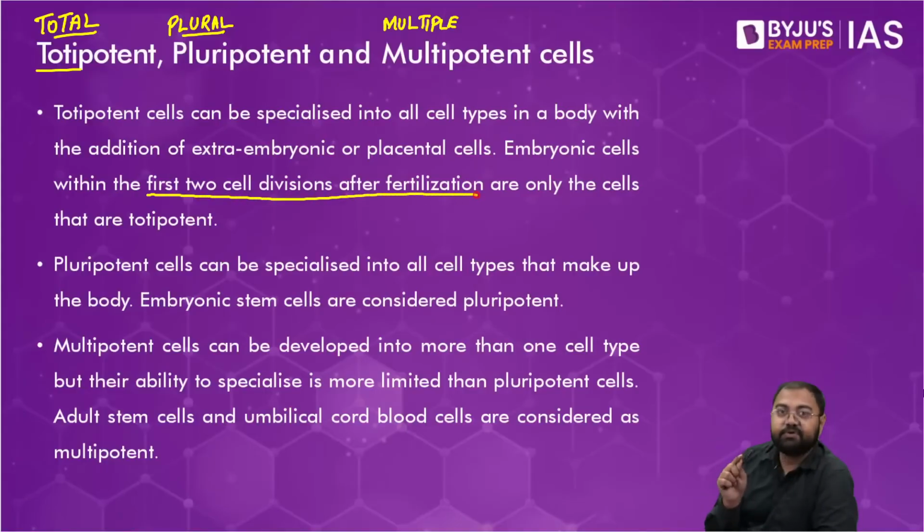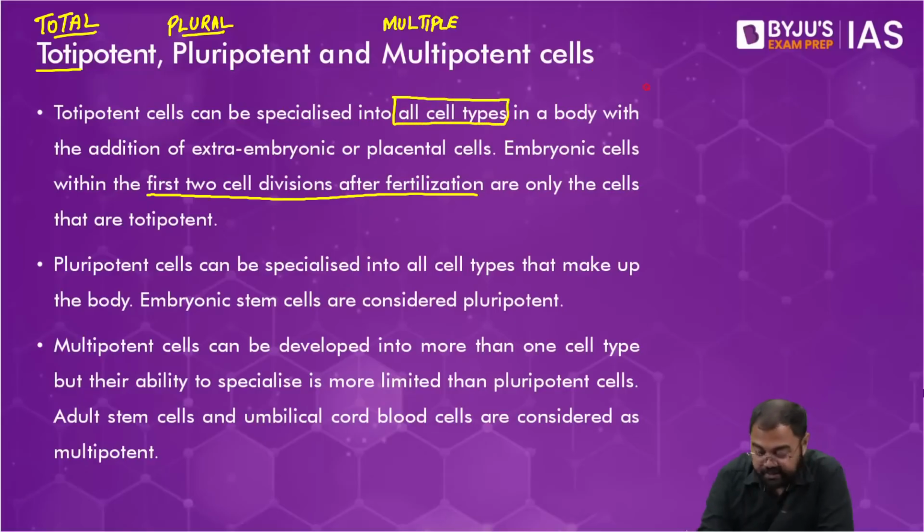Just after fertilization has happened, within the first two cell division cycles, that is where we can derive the totipotent stem cells from. After that, we can't get totipotent cells anymore. After that, what you can get is only pluripotent cells. So totipotent cells become very special. Why? Because they can specialize into all cell types.